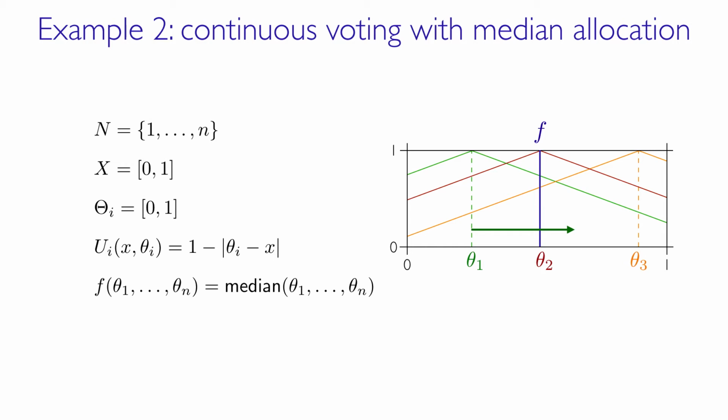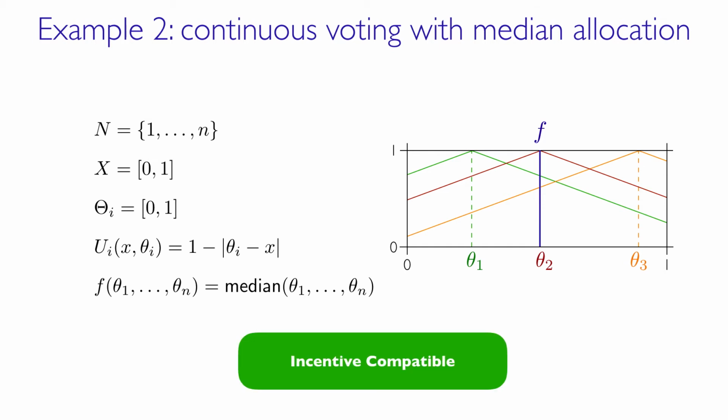But in this case, the outcome returned by the social choice function will be larger than θ2, and therefore it will provide a smaller utility to player 2. The same holds for player 3. Therefore, reporting the true types is the best the player can do when the allocation is the median. So this social choice function is incentive compatible.